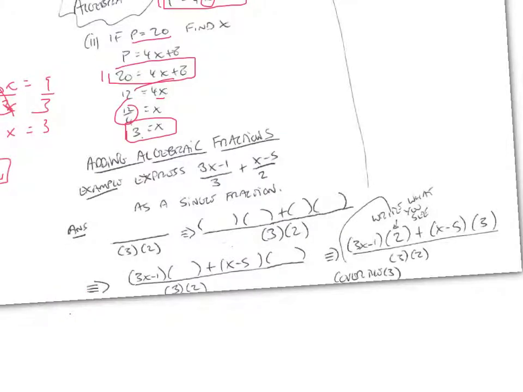Now, algebraic fractions always seem to be tricky for people, but let's look at one way we can approach these: adding or subtracting algebraic fractions. Here's an example. Express 3x minus 1 over 3 plus x minus 5 over 2 as a single fraction. The first thing I do is draw my line and write whatever's underneath each fraction, so I write 3 and 2 beside each other.